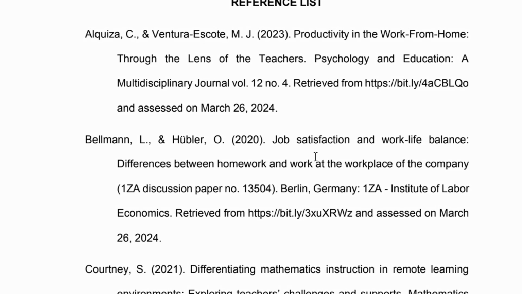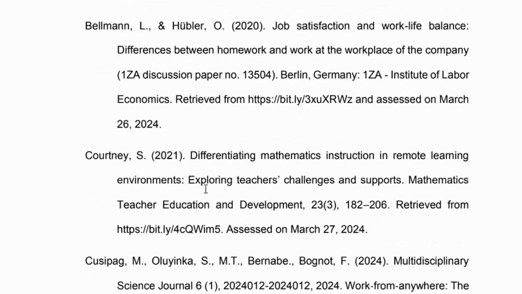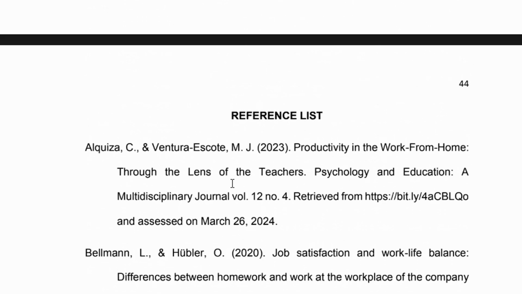Okay, need to omit the spaces here. But on the third, again, on another reference, we need to put one space. But within the reference, we need to remove the spaces here. So it is a single space, but one space between every other reference.